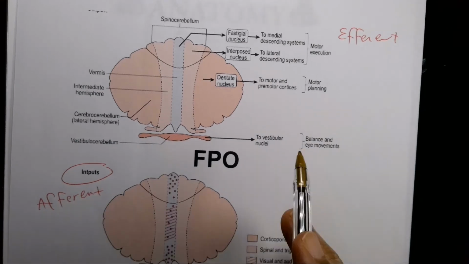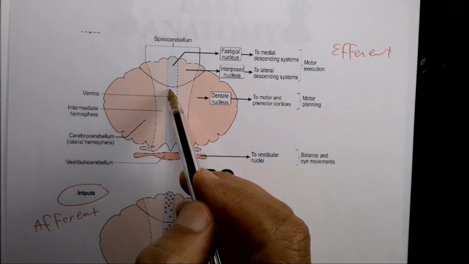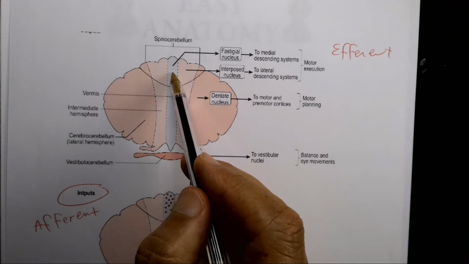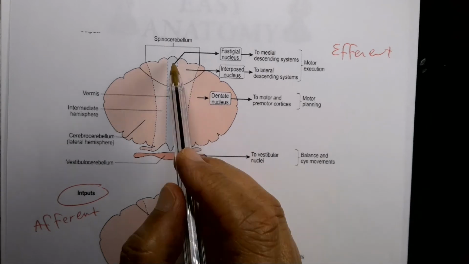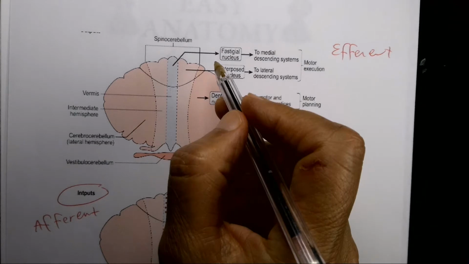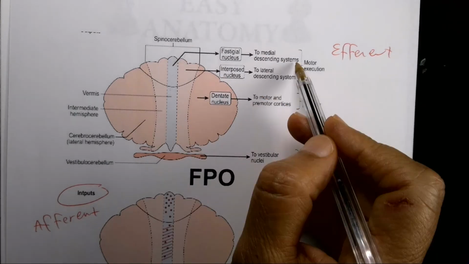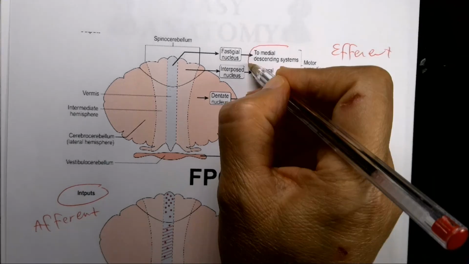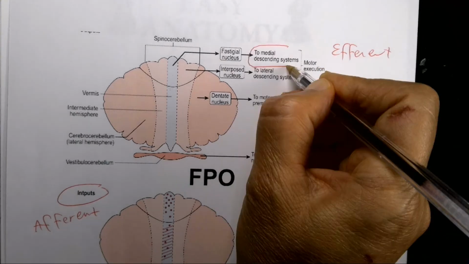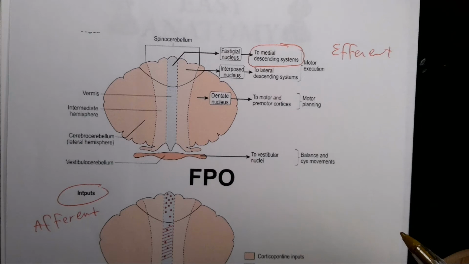Here, the fastigial nucleus is connected to the spinal cord, sending efferents to the spinal cord; we call it the medial descending system or medial cerebellospinal pathway.